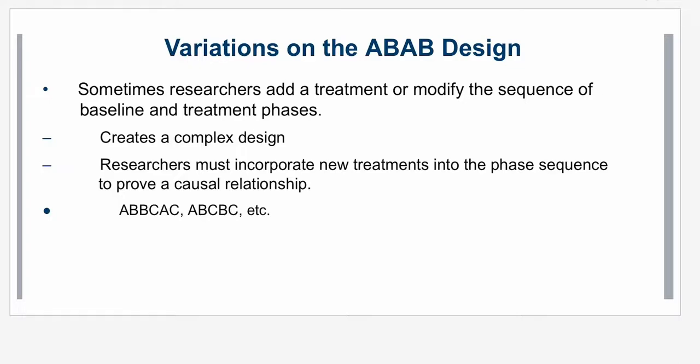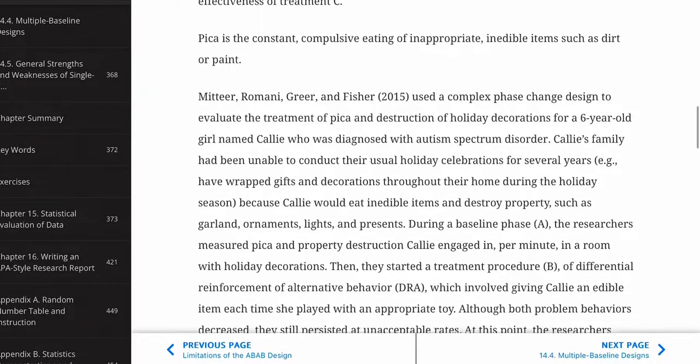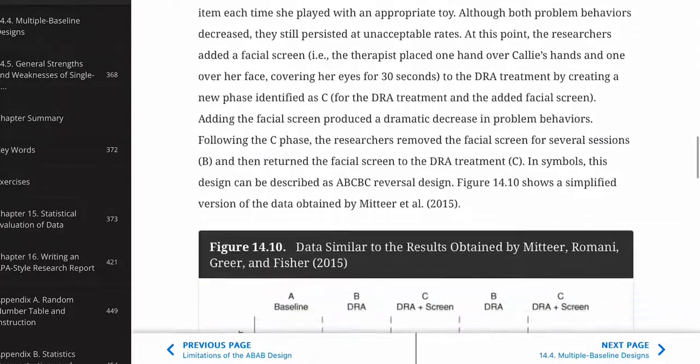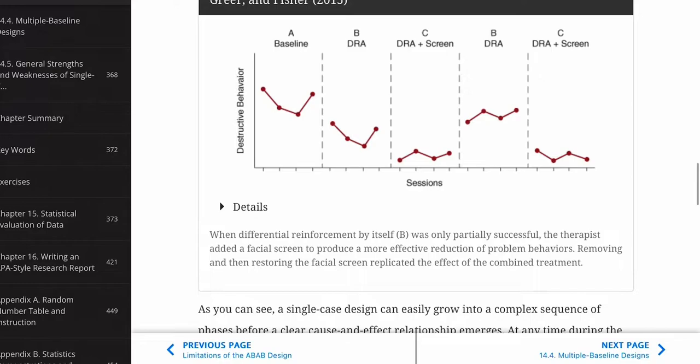The example in your book is this study by Mateer, Romani, Greer, and Fisher in 2015 about the young girl who had pica, which means she was eating things that are not edible, and she was destroying holiday decorations.